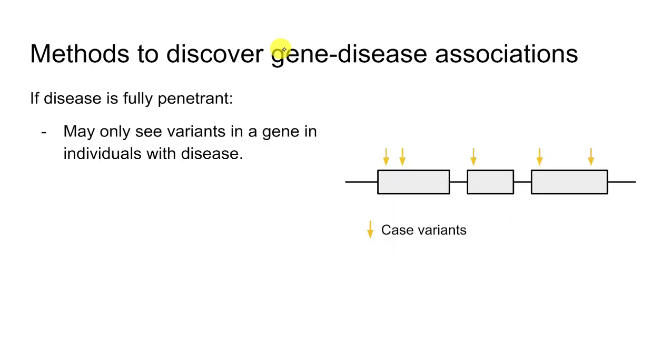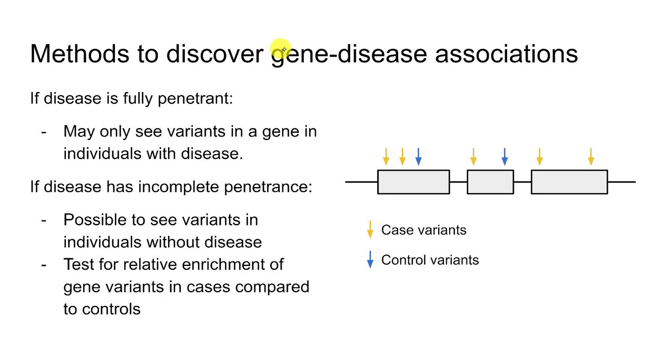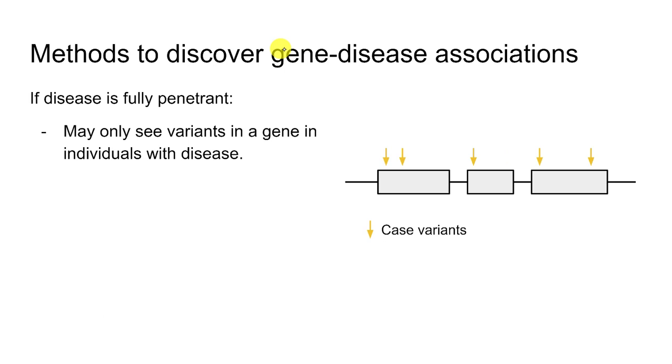To think about this another way, if it's fully penetrant, you will basically only see variants in a gene for individuals with the disease, whereas with incomplete penetrance, you'll also see those disease-causing variants in controls, so people without disease. If the disease is fully penetrant, you basically have a perfect predictor for disease, right? As soon as an individual has a variant in that gene, they will have the disease.